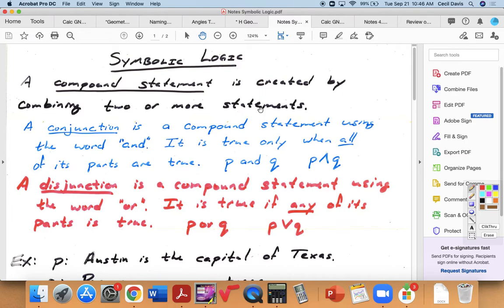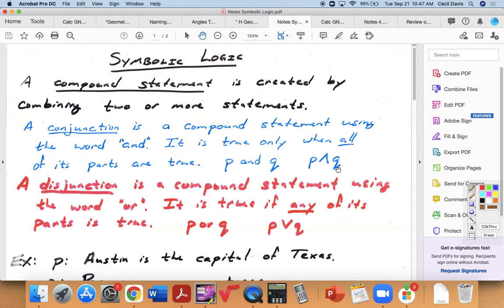So if you say P and Q, which is written this way, P and then this symbol, which looks like a capital A kind of. I think that makes it easier to remember that it's and. So P and Q. It's only true if P is true and Q is true. They both have to be true. Not one or the other. Both of them have to be true.